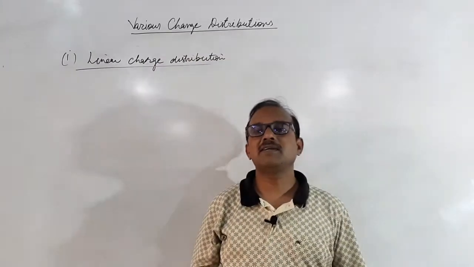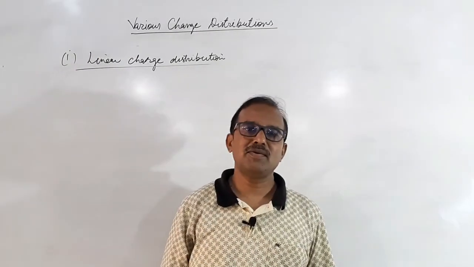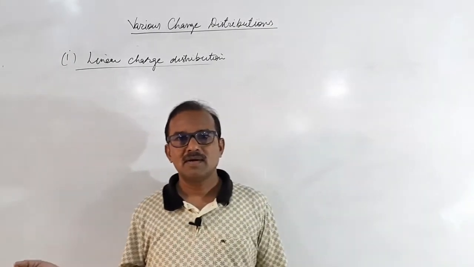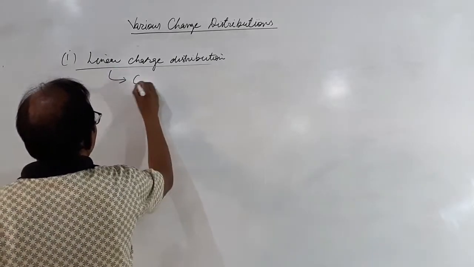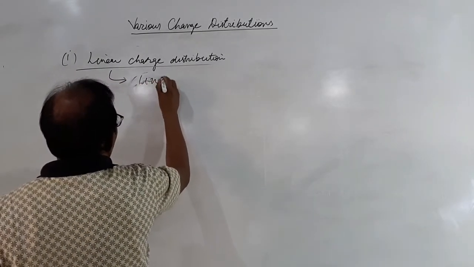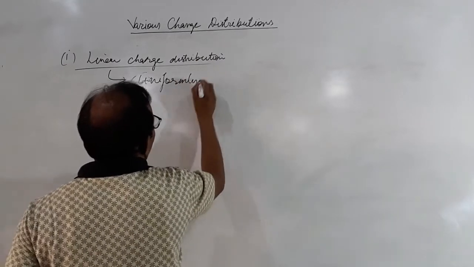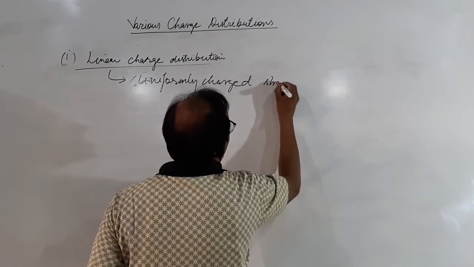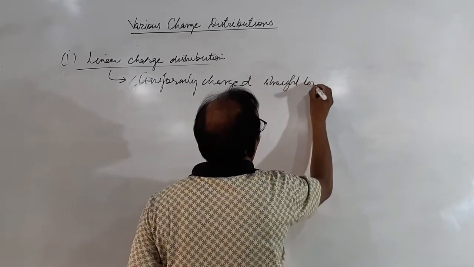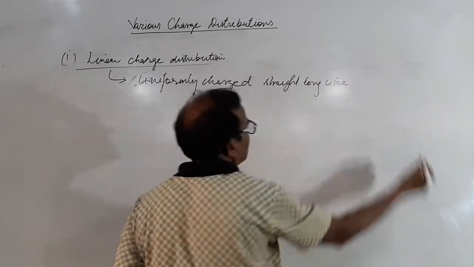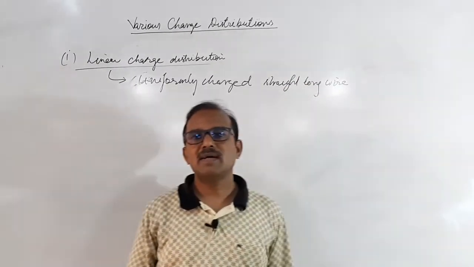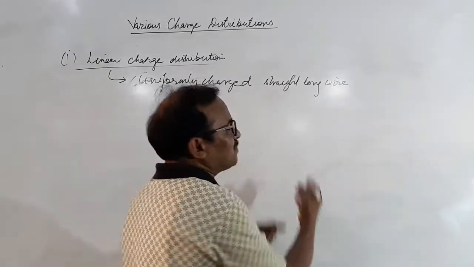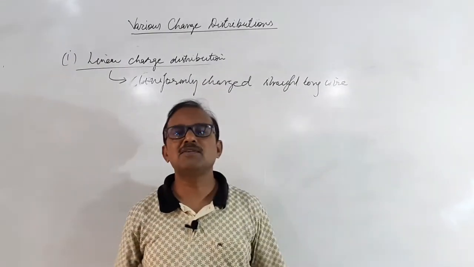If electric charge gets distributed along a straight line uniformly, such as in a charged wire, so this may be a uniformly charged straight, long wire. This is linear charge distribution, and charge is uniformly distributed on the wire. This is nothing special, charge is charge, it is distributed here.